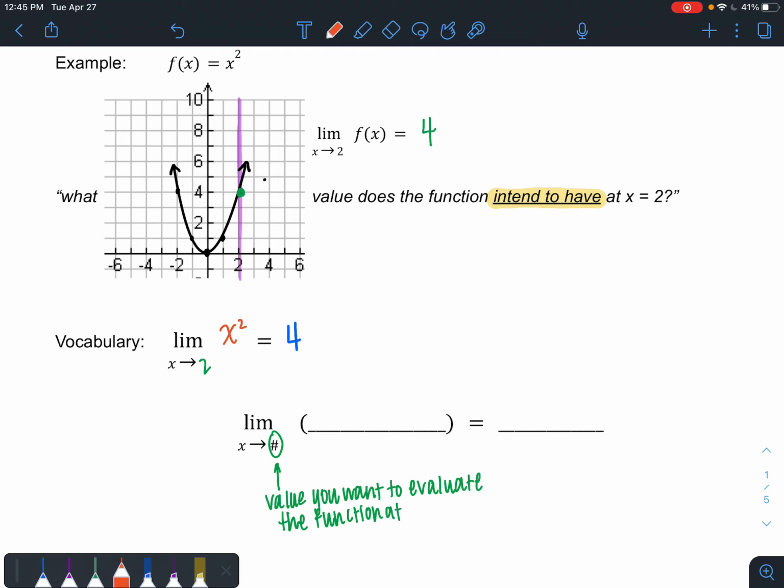All right, then in orange, that is our function. And then finally in blue, that's our answer. So really the only new piece of information is that the value you want to evaluate at is that green number.